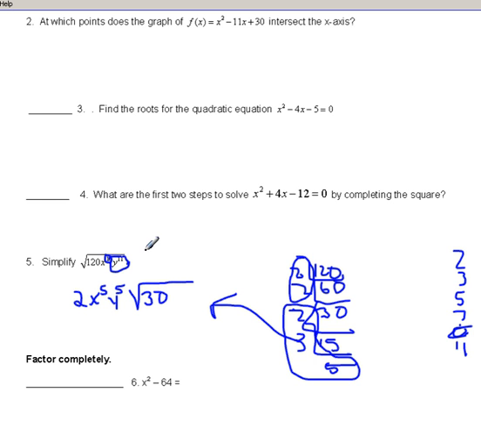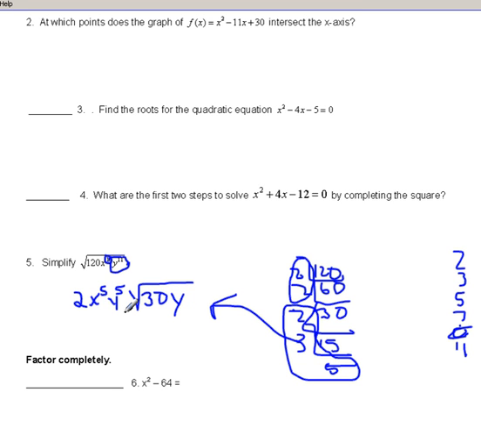If I wrote y times y times y 11 times, you would have 5 buddies with 1 left over. So the 5 pairs get to come out, and your other y has to stay in. So that's your answer right here.